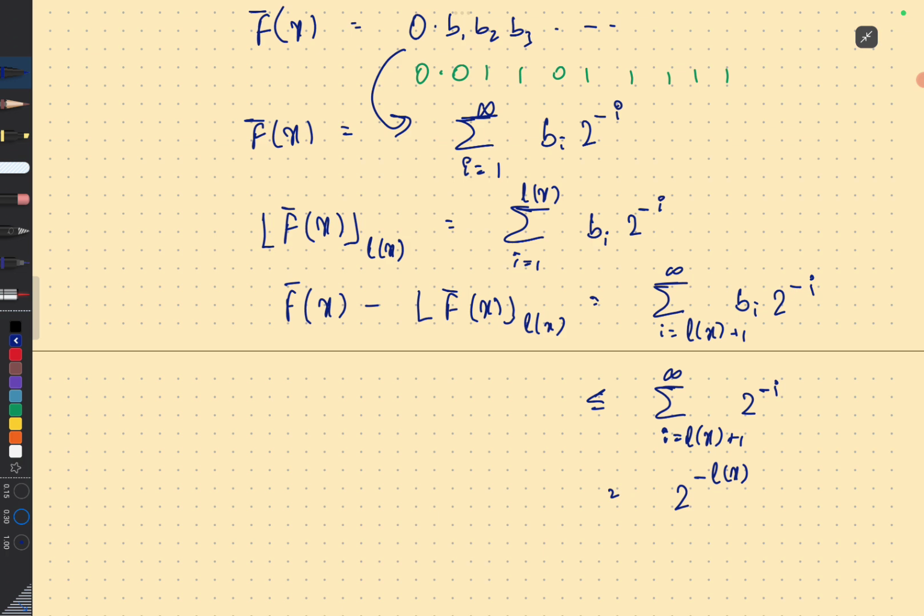So this is f bar of 0. This is f bar of 1. This is f bar of 2, and so on. And all of these are numbers strictly between 0 and 1.